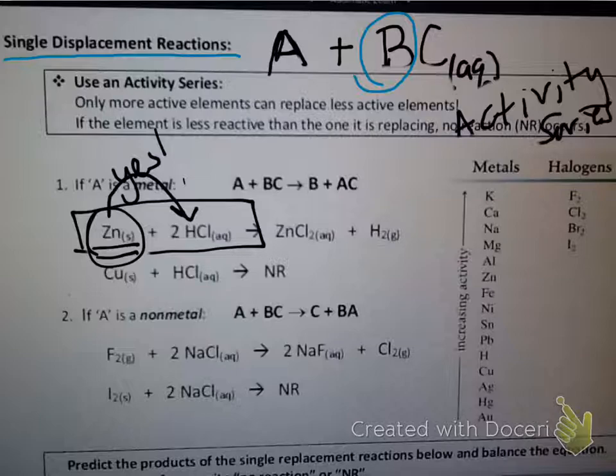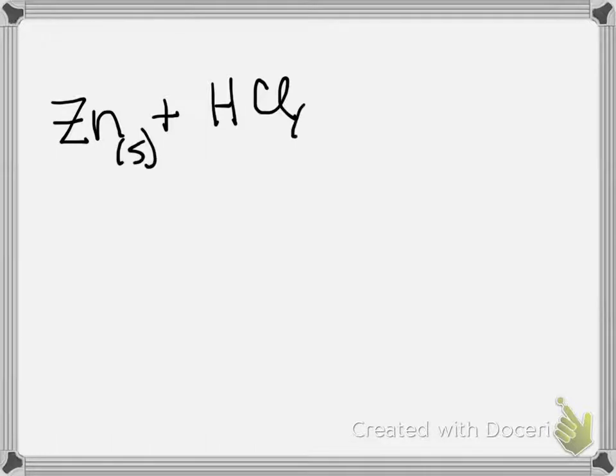So what do we do when we say it will replace something? Well, we're going to be able to predict the products. So if zinc is definitely more active than hydrogen in HCl, which is aqueous, and we throw some zinc metal into hydrochloric acid, are we going to get a chemical reaction? Absolutely. And you can predict this without going to the lab. And then you can test it in a lab. You can take zinc metal and throw it in HCl, and I promise you'll see bubbles. How do I know you'll see bubbles?